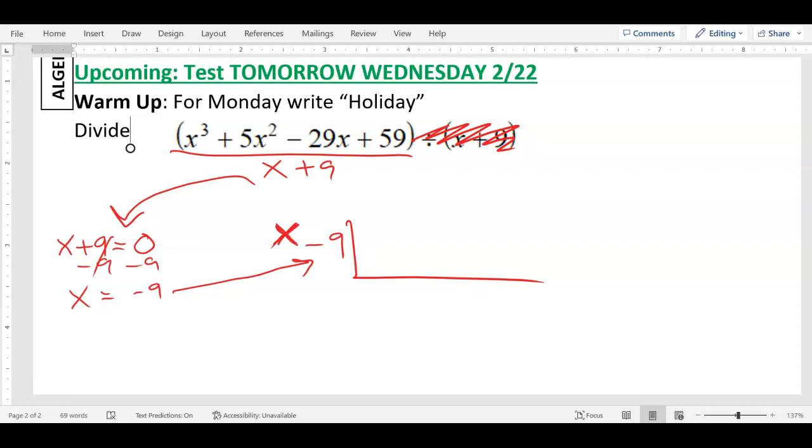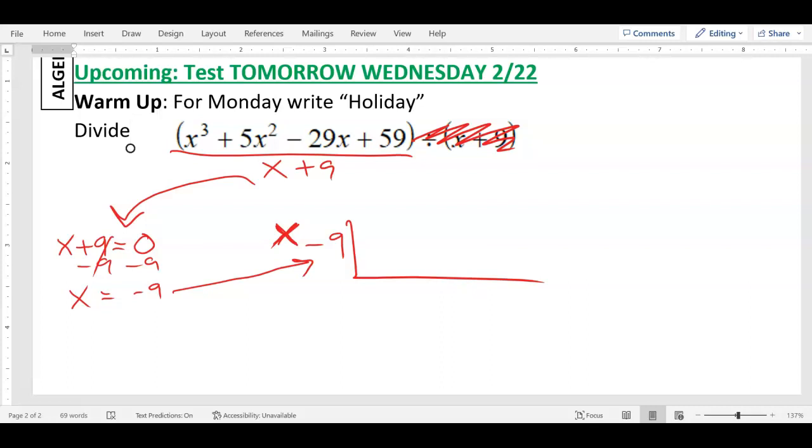And then, yes, I need to bring down all my coefficients. Before we do that, we want to see, are there any missing terms? So let's see here. I have a third power, second power, one power, nothing. So nothing's missing here. I got all the degrees, 3, 2, 1, 0. So now I'm going to look at the coefficients, the numbers in front. What's in front of the x cubed?